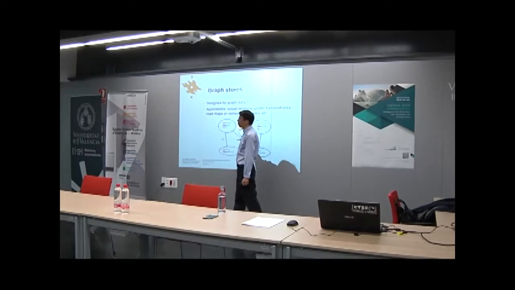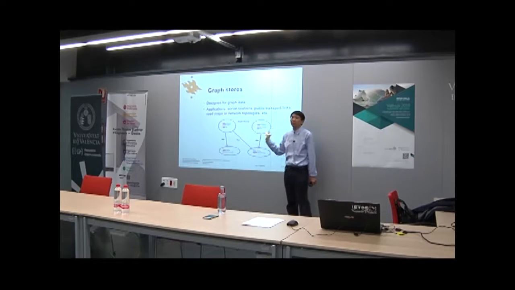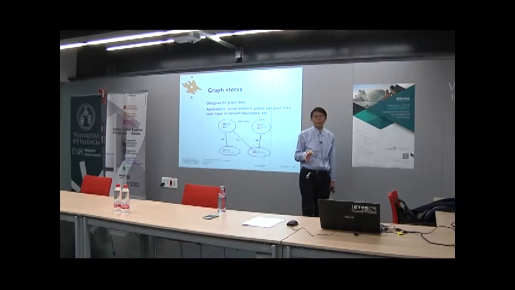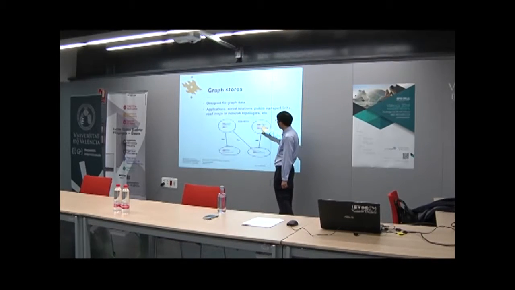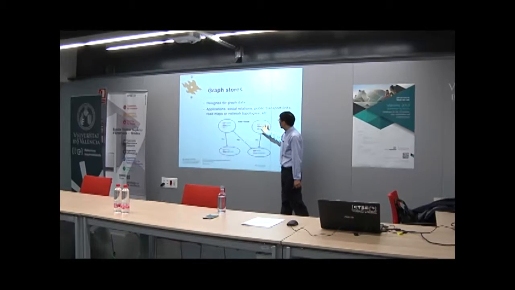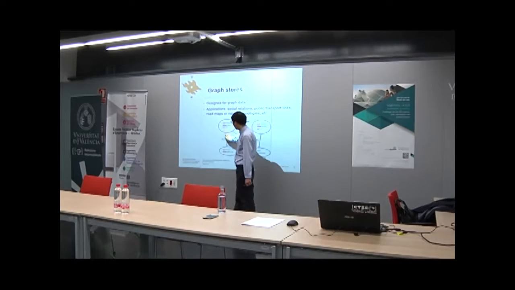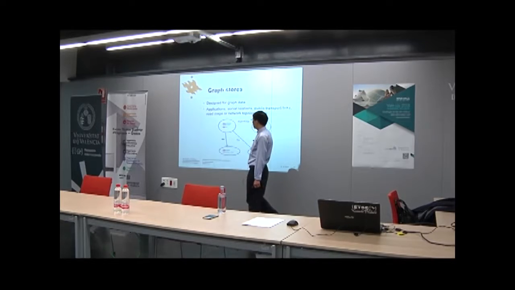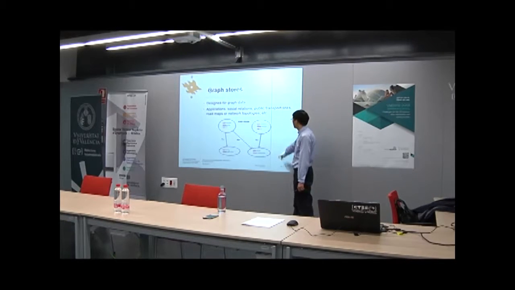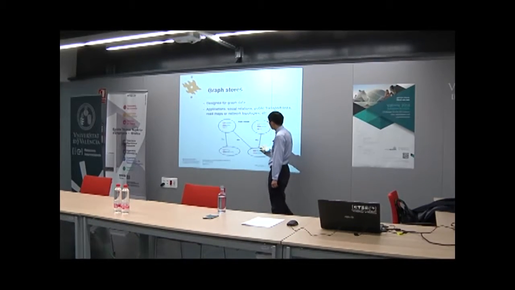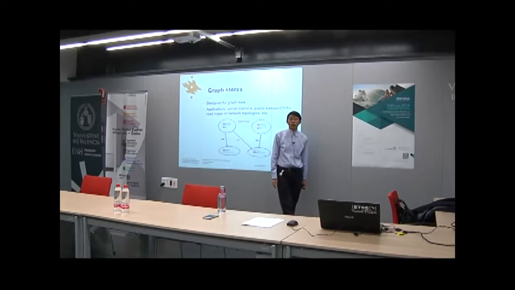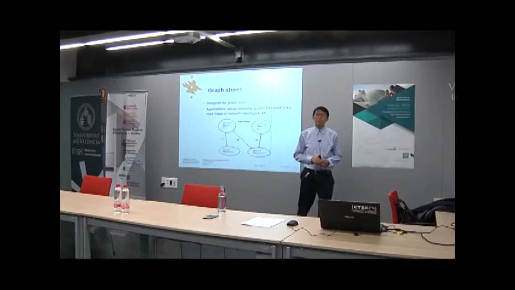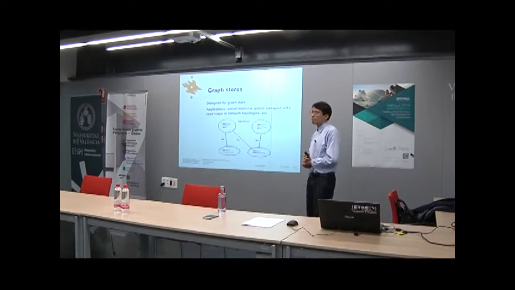This graph is called a property graph, which means that each node may have multiple properties. In this example, this node has 3 different properties: type, name, and age. They also have edges. This is a directed graph with arrows, and they also have some labels for each edge. So this kind of graph is called property graph data.